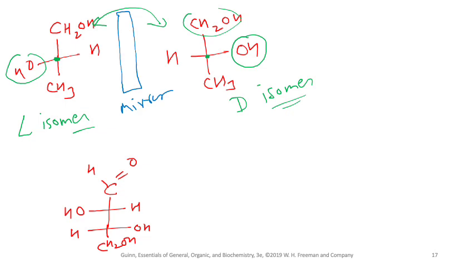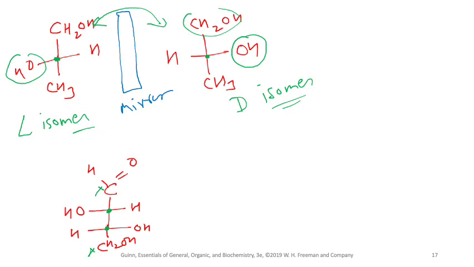So which kind of isomer is this one, L or D? Because we just learned you have to see the chiral center. So this is one of the chiral centers, this is your second chiral center, this is not a chiral center, right? Because out of the 4 bonds, 2 of them are the same. So these 2 carbons are not chiral except the ones that we have on the intersection, right?